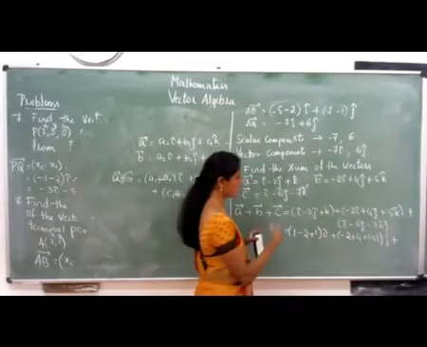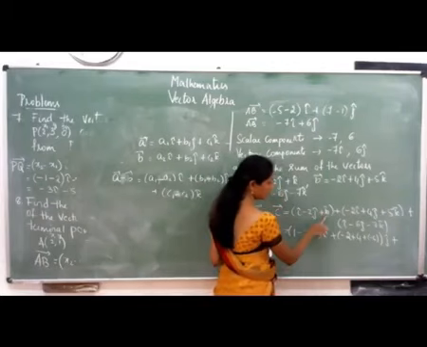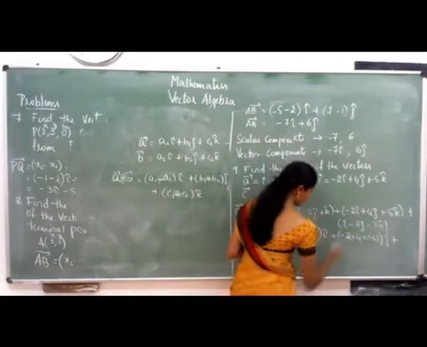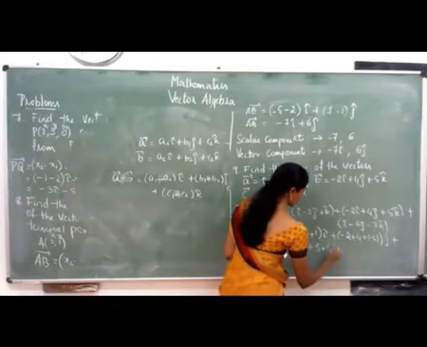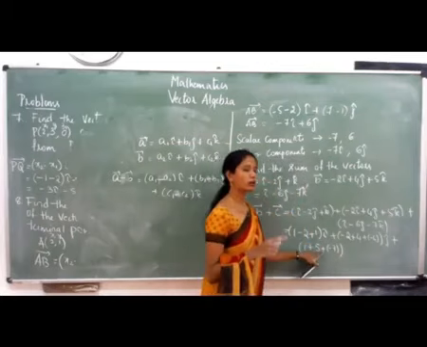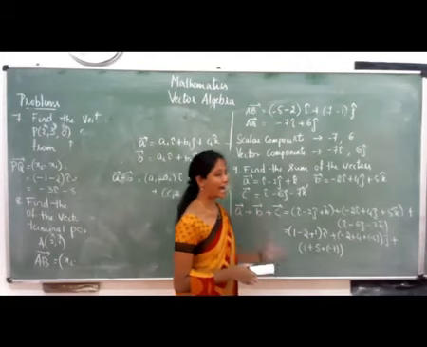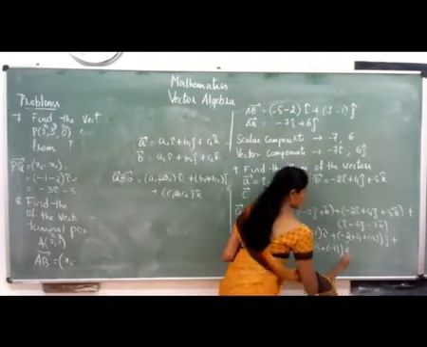Then plus, coming to your k components, you have 1 here, next +5, next plus of -7. I am writing plus here in order not to get confused, because we are adding all 3 vectors into k cap.